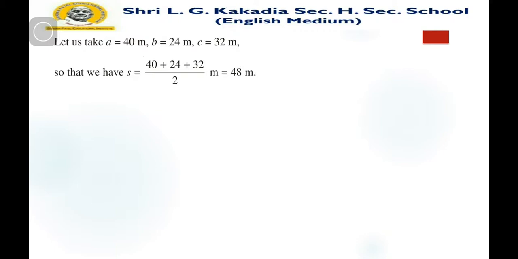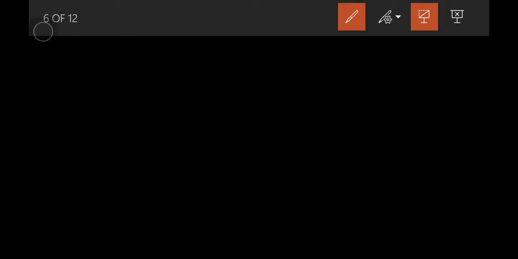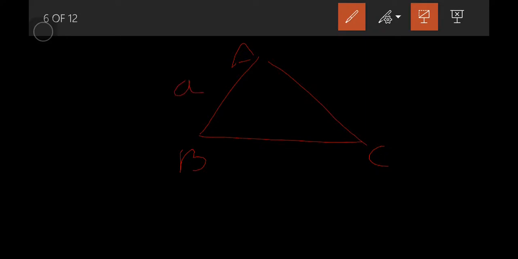Let us consider a triangle ABC, with sides of size A, B and C. He derived a formula to find the area of any triangle.